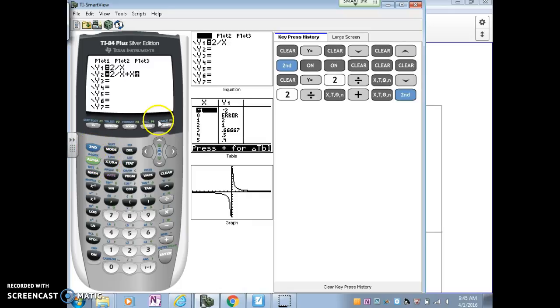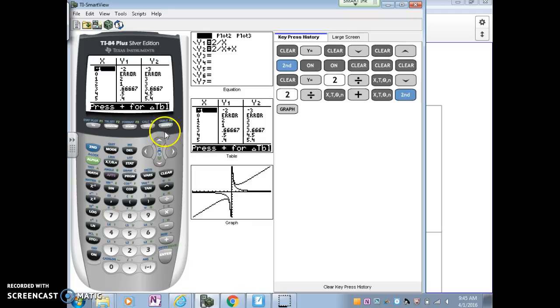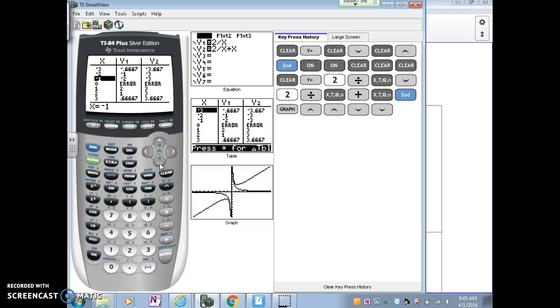If you hit second and graph, it's going to show you all the numbers that multiply to give you positive 2. Now there aren't that many. 2 and 1 and negative 1 and negative 2. But this will help when we have bigger numbers that have factors that we might not have memorized.